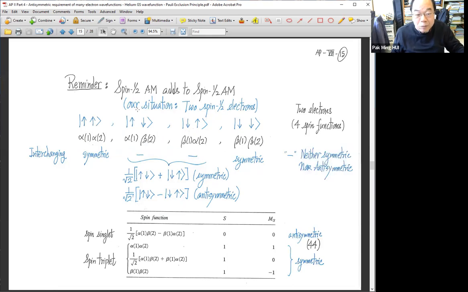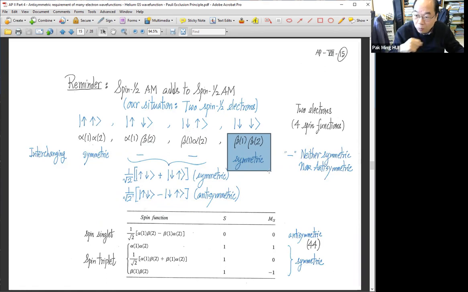But we can form linear combinations of them. We learned that. There is a symmetric linear combination and an antisymmetric linear combination. In turn, these three symmetric ones form the spin triplet, with total angular momentum quantum number s equals 1.